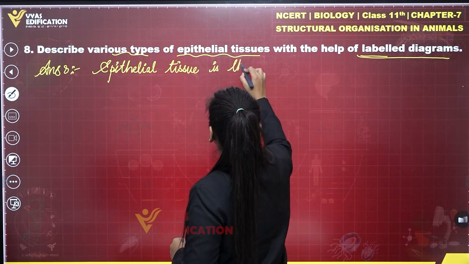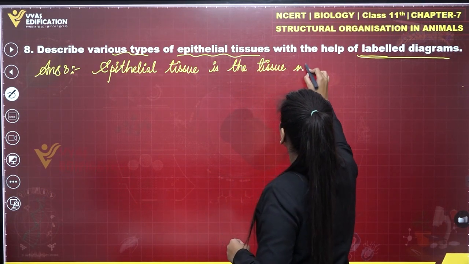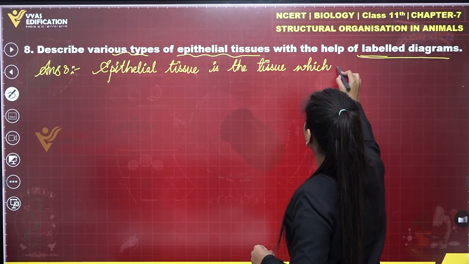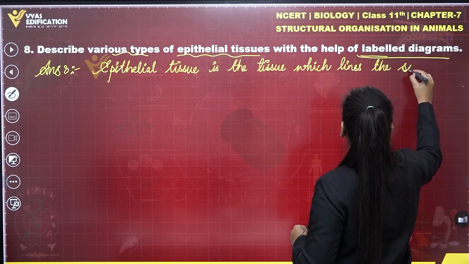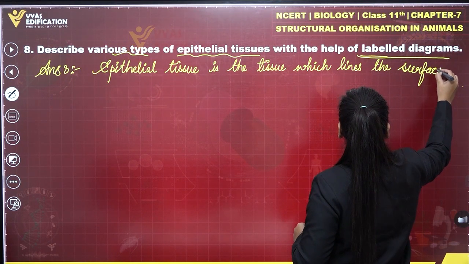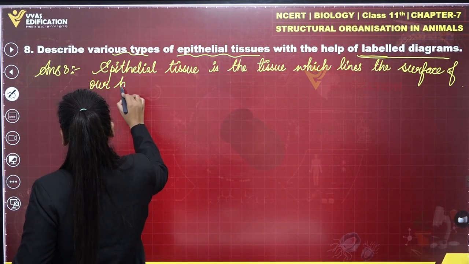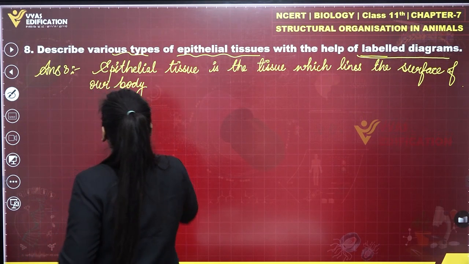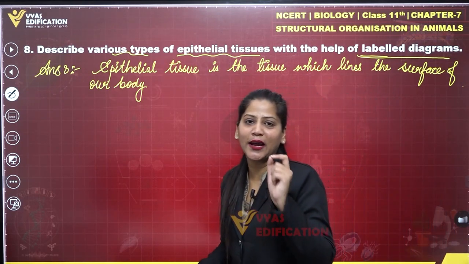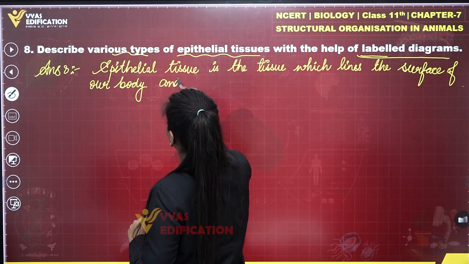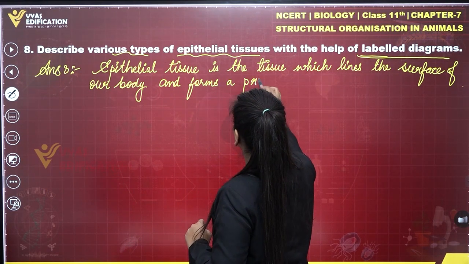Epithelial tissue is the tissue which lines the surface of your body and forms a protective covering.